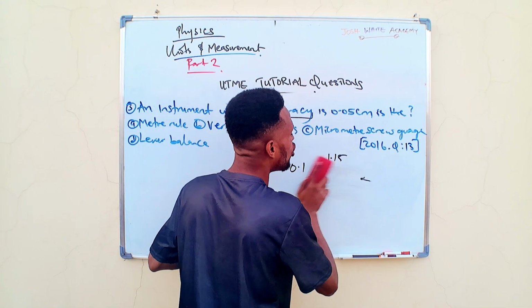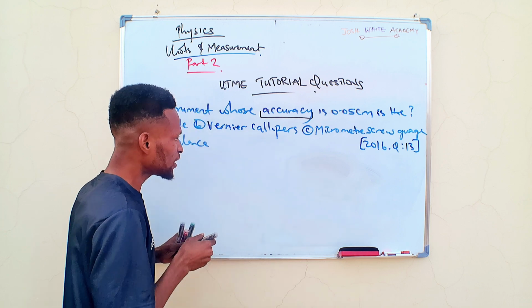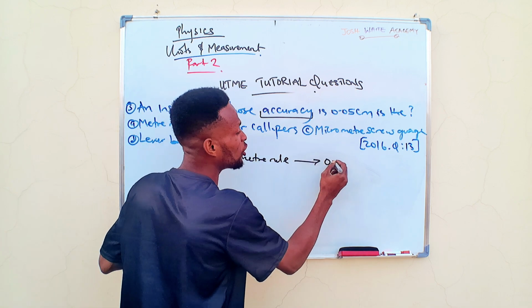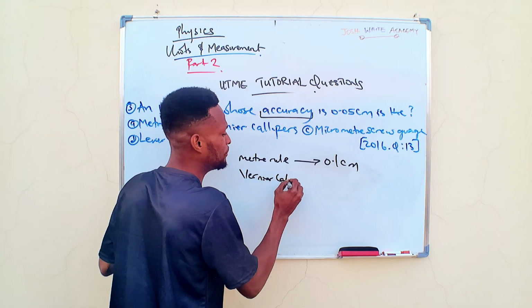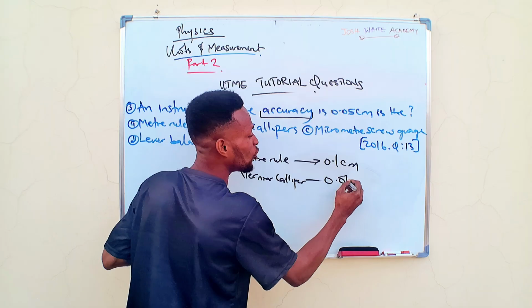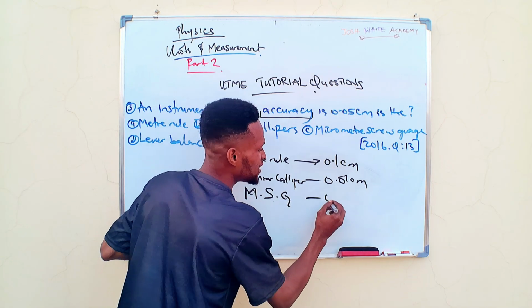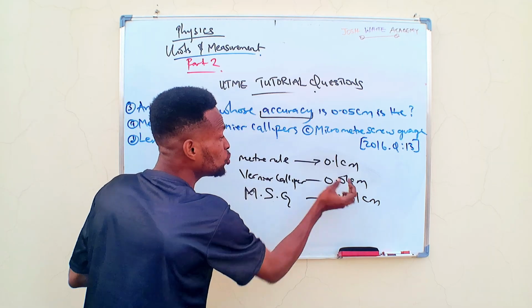But in terms of accuracy, let's go back to what we said. A meter rule, the accuracy is 0.1 centimeter. Vernier Calliper is 0.01 centimeter, and Micrometer Screw Gauge is 0.001 centimeter. So this is 2 decimal place.